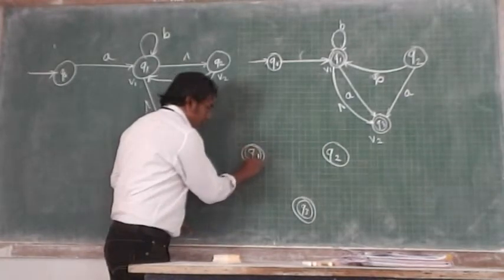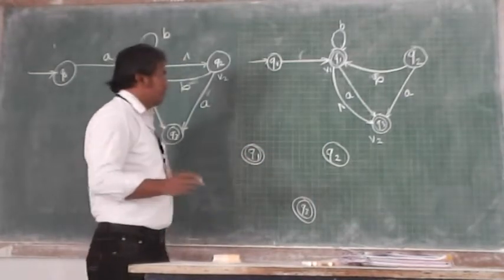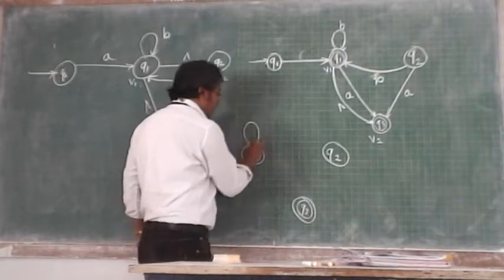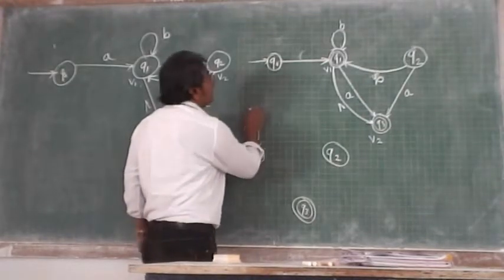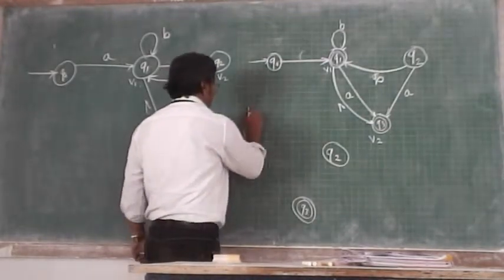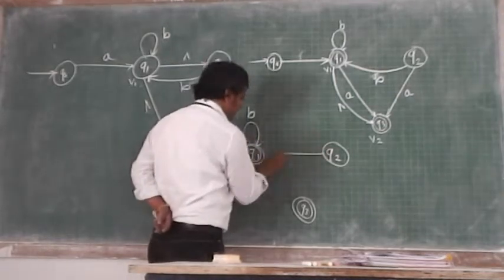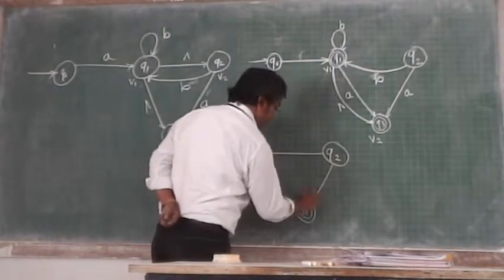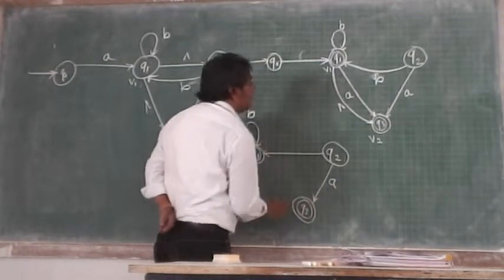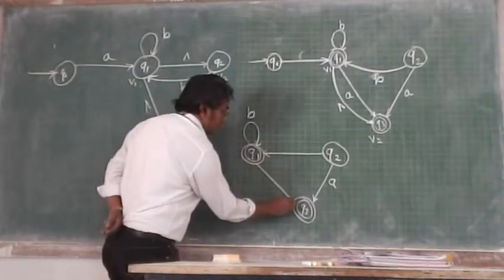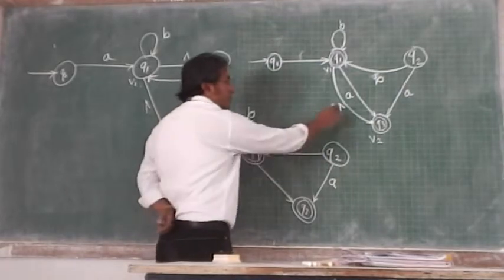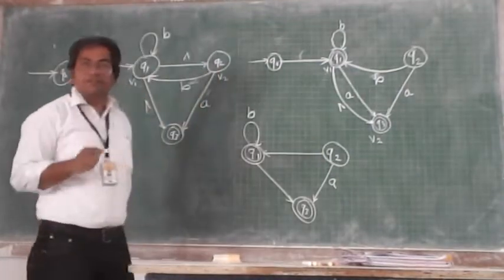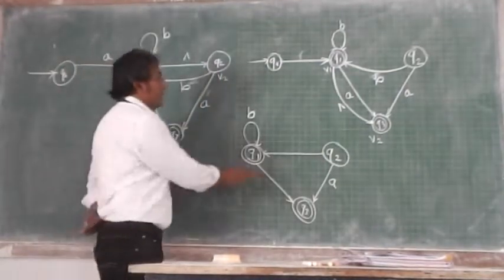I will do this much change only. Get it? The rest of the transitions I will copy as it is. After application, this particular null transition has been removed, so I need not draw that.